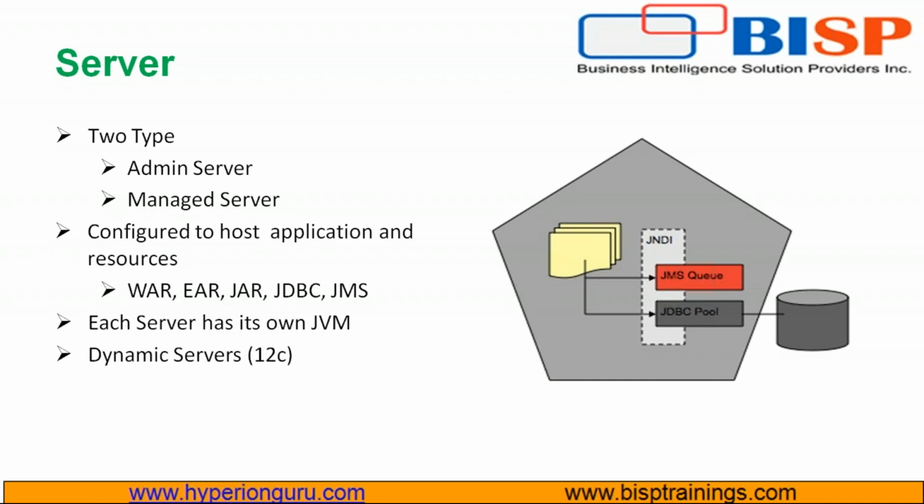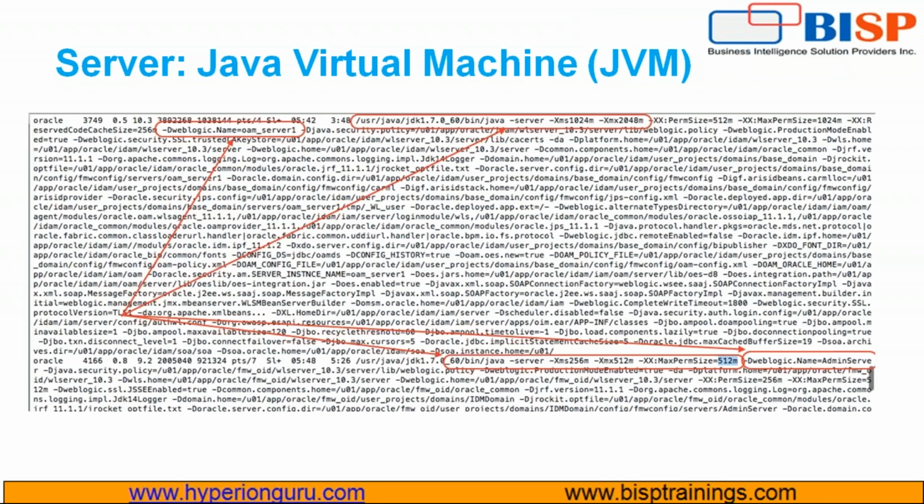Right, so this is briefly how any server looks when created. Whenever a machine or a new server is created, it will have details about the JDK followed by the server parameters. This is nothing but the minimum and maximum memory being assigned to that particular JVM, and then other parameters related to your JVM.